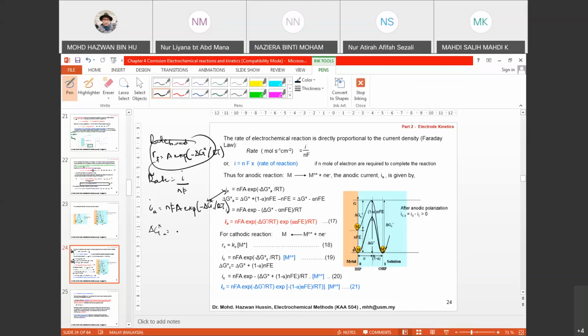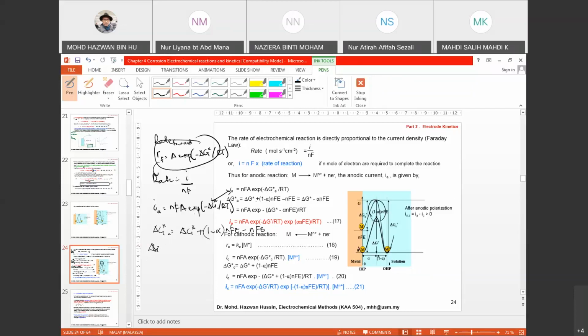Delta G for anodic equals delta G asterisk plus 1 minus alpha, because this is the factor 1 minus alpha, both still having nFE, minus nFE. If you simplify it, delta G anodic equals delta G asterisk minus alpha nFE.